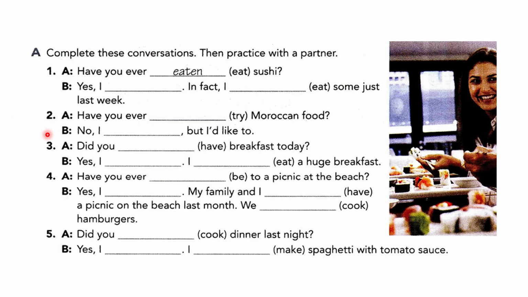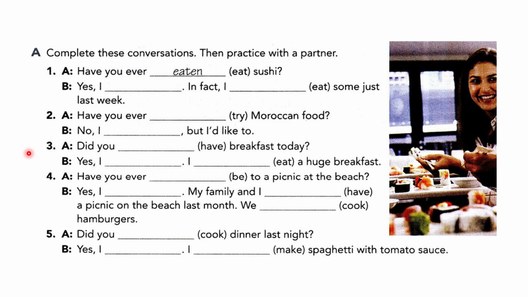Very well. Again, this is a yes or no question using the present perfect. So the answer is with have, right? No, I haven't, or yes, I have. Here we don't have the past tense because we use a modal verb, would. I would like to. Me encantaría.